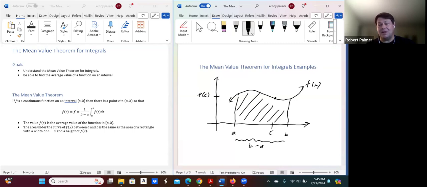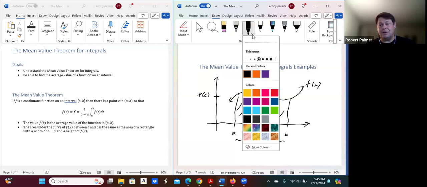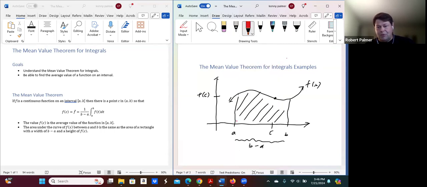What that means is that if you actually make a rectangle, let me change to red, which has a height of f of c and a length of b minus a, that this area is the same.